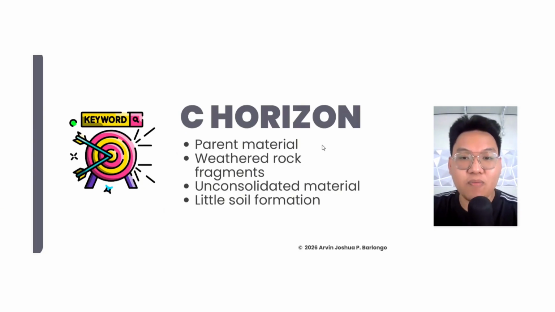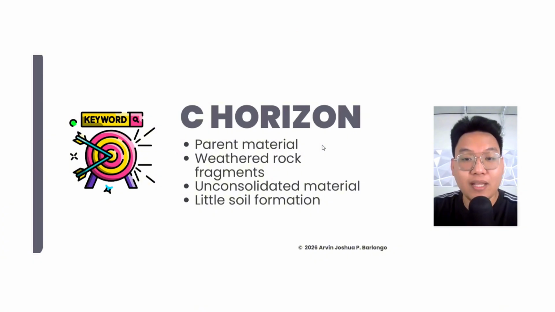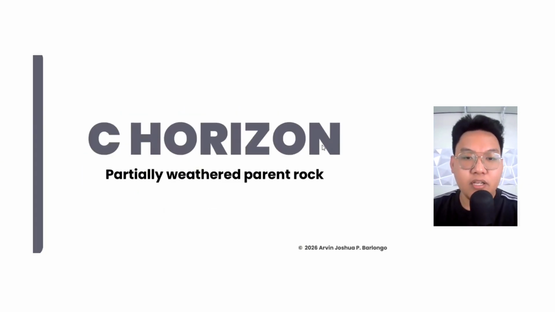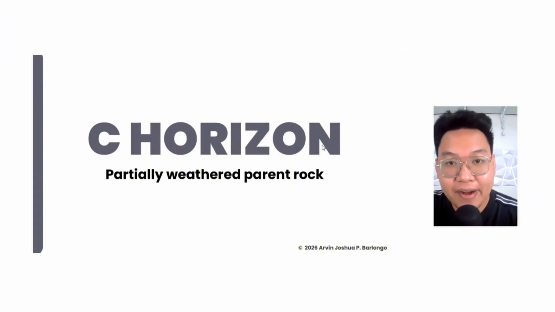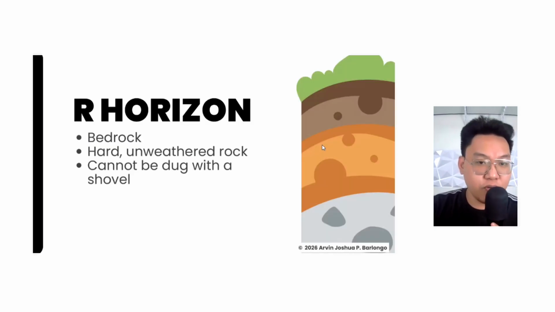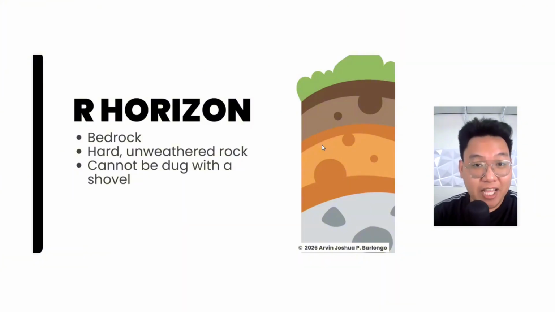So, ang C horizon, parent material, weathered rock fragments, unconsolidated material, and there is a little soil formation pa sa horizon na iyan. So, ang pinaka-key distinguishing characteristic of the C horizon is partially weathered parent rock, which will lead us to the pinakababa, which is our R horizon, also known as the bedrock.